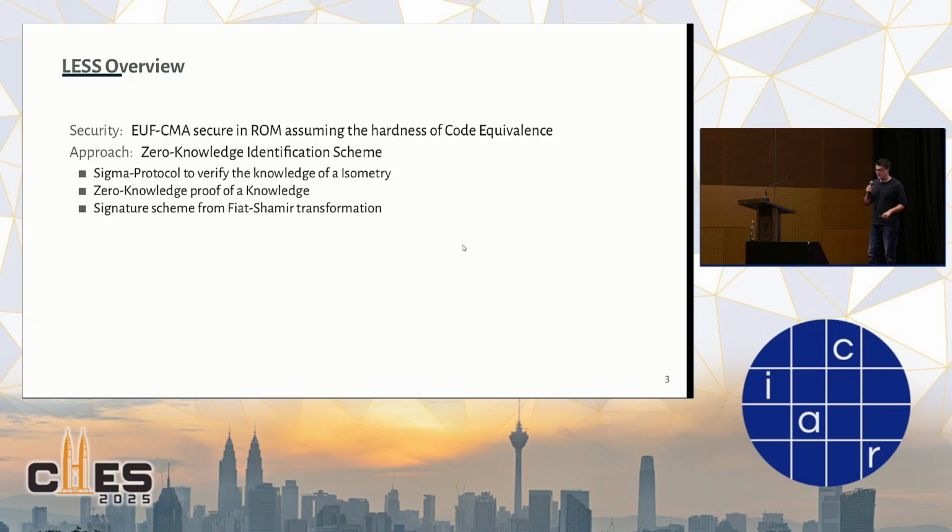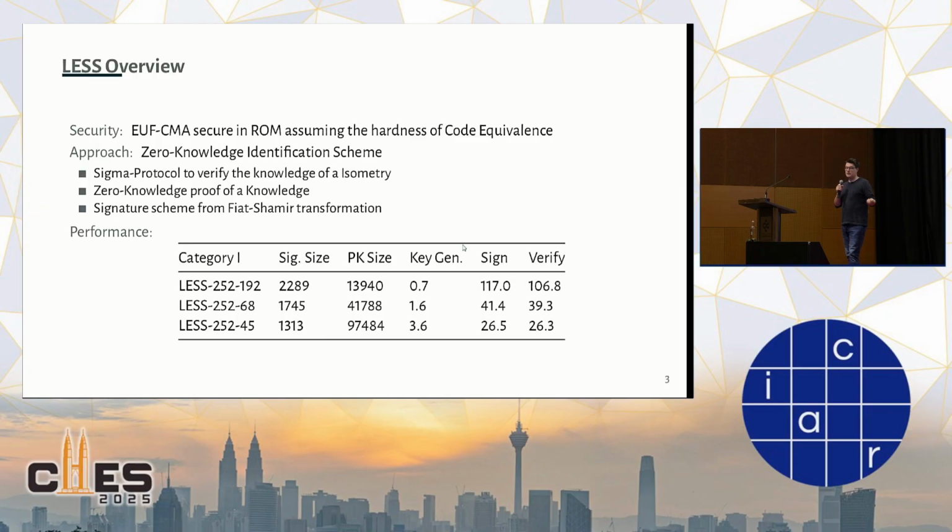LESS is a CMA secure signature scheme in the ROM, assuming the hardness of the code equivalence problem. Its approach is a zero-knowledge identification scheme, which is then transformed via the Fiat-Shamir transformation into a signature scheme. LESS can be summarized with the following table.